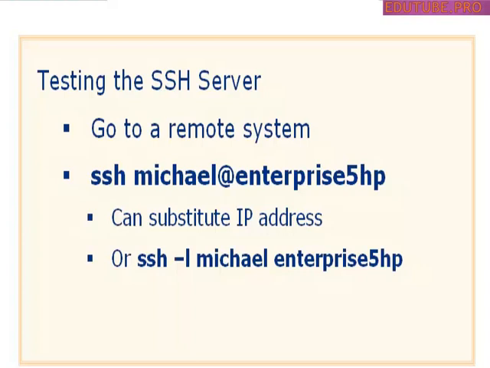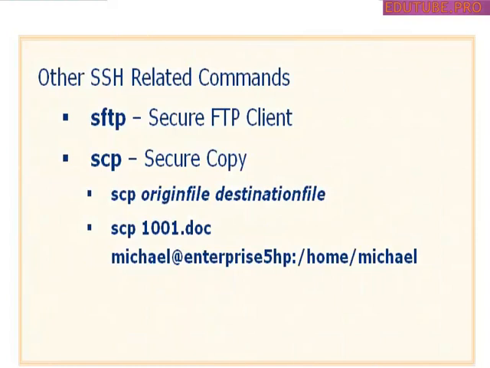Once this is all confirmed, this opens up a couple of other commands. I could use the sftp command as a secure FTP client. Just substitute sftp for ftp when you access a remote FTP system, assuming that FTP server is so enabled.